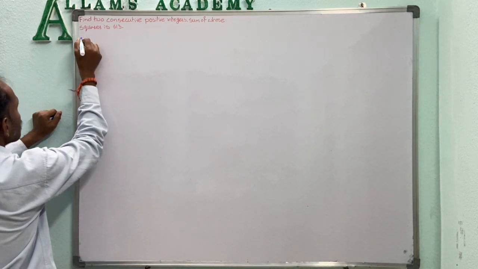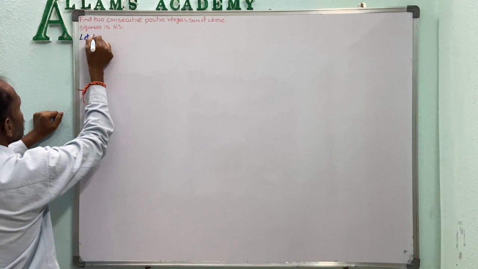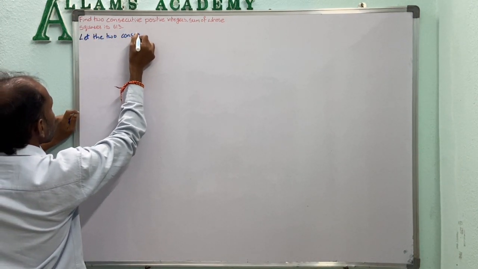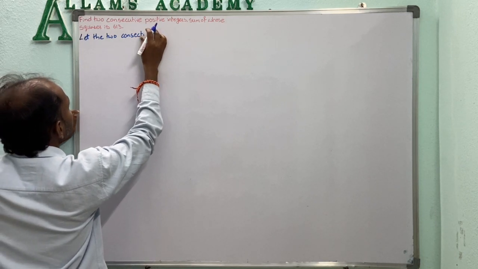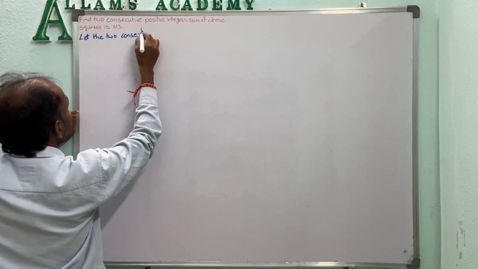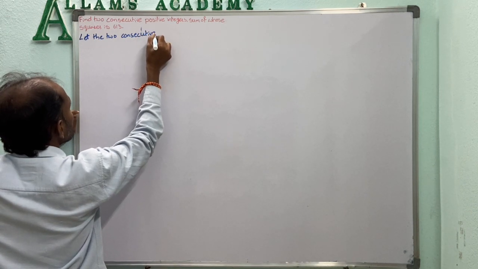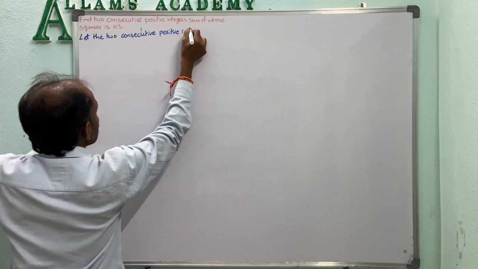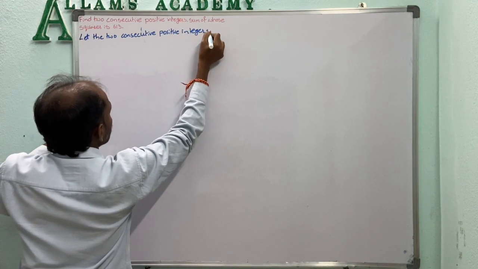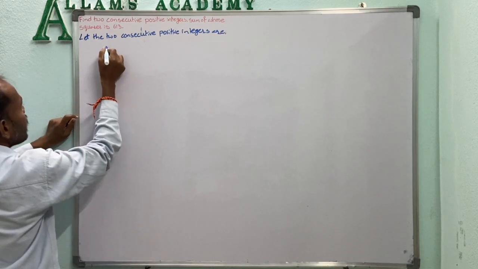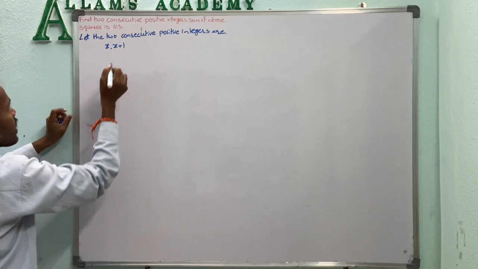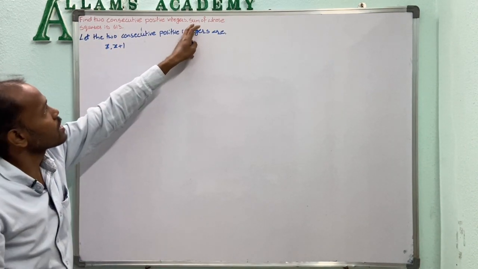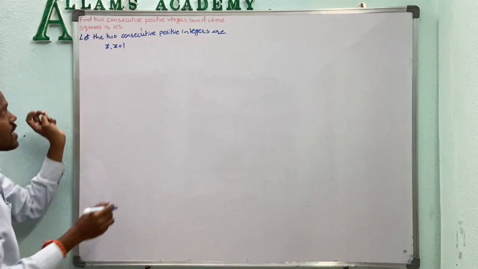So let the two consecutive positive integers be x and x plus 1. Consecutive means serial. So we take x and x plus 1. Now the sum of the squares is 613.